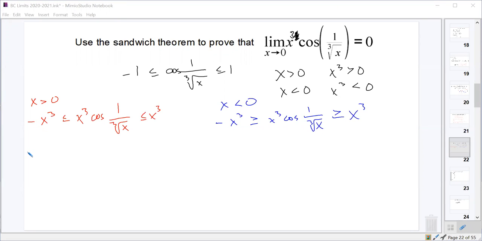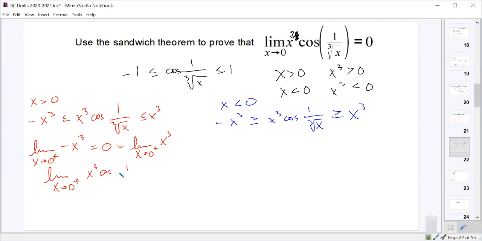I can only have a limit as x approaches 0 from the right, because x is positive. And that limit is 0, as is the limit as x approaches 0 from the right of x cubed, telling us that the limit as x approaches 0 from the right of x cubed cosine of 1 over cube root of x is also 0.